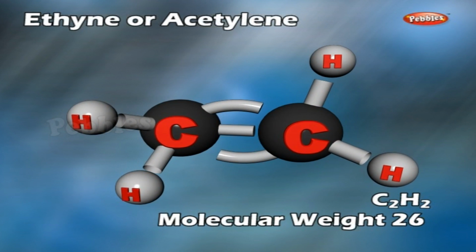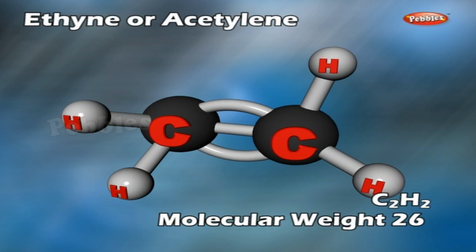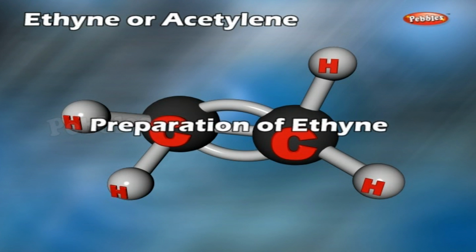Out of these triple bonds, two are weak pi bonds which can easily be broken to form additional compounds. Since it has three bonds, ethene is more reactive than the corresponding ethane, which has only two bonds.